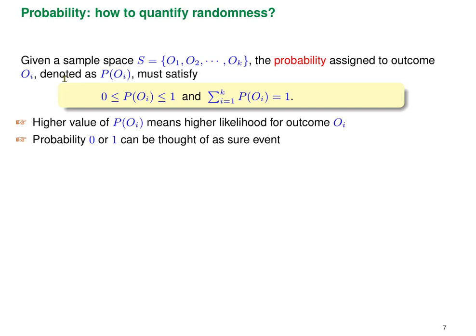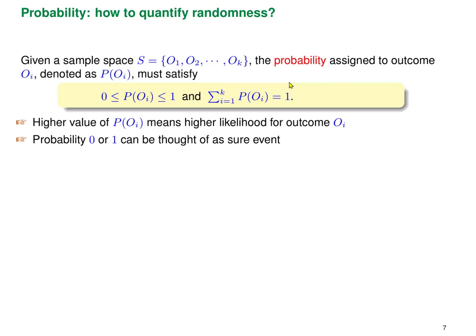We denote it as P of Oi, where P stands for probability. A higher value of P(Oi) means higher likelihood for outcome Oi to occur. The probability 0 or 1 can be thought of as sure non-occurrence and sure occurrence respectively.